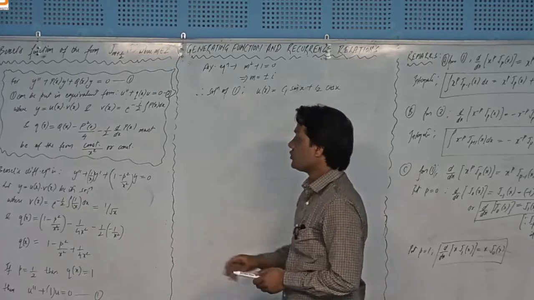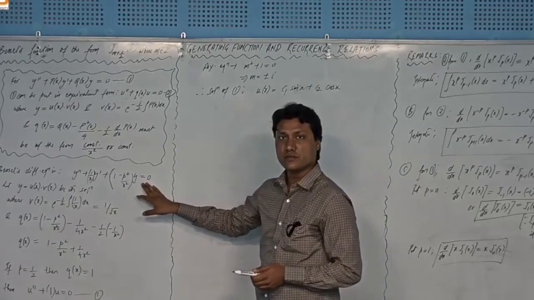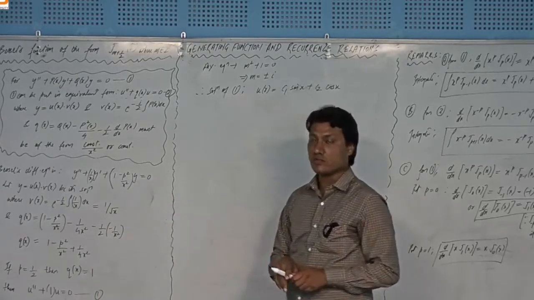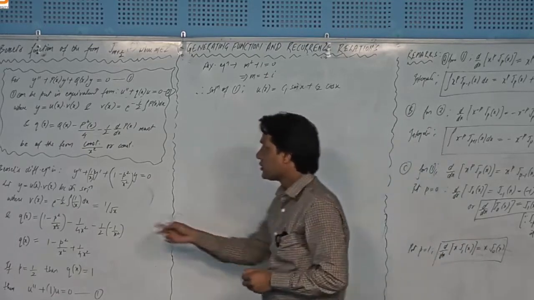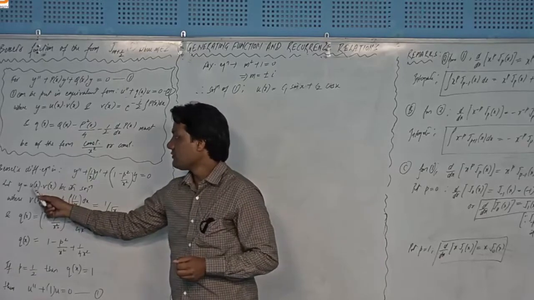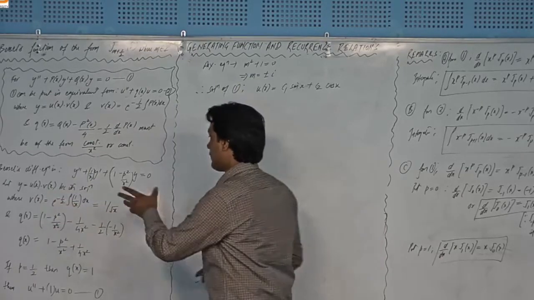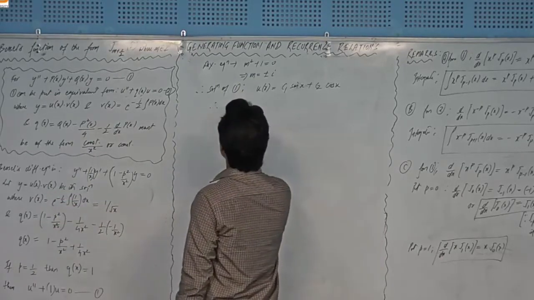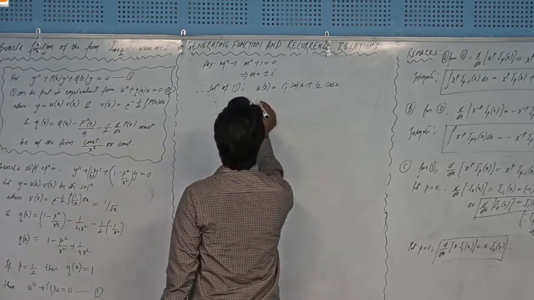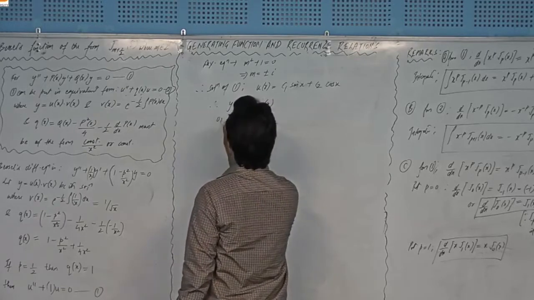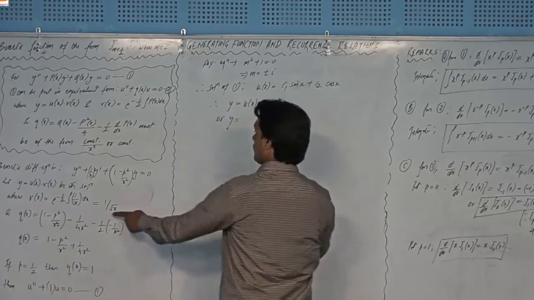But we are seeking the solution of Bessel's differential equation. We are interested in the solution of Bessel's differential equation, and that was y is equal to u times v, and we have found u, we have found v, and we have to multiply it, right? Therefore y is equal to ux into vx, and what is vx? 1 by root x.